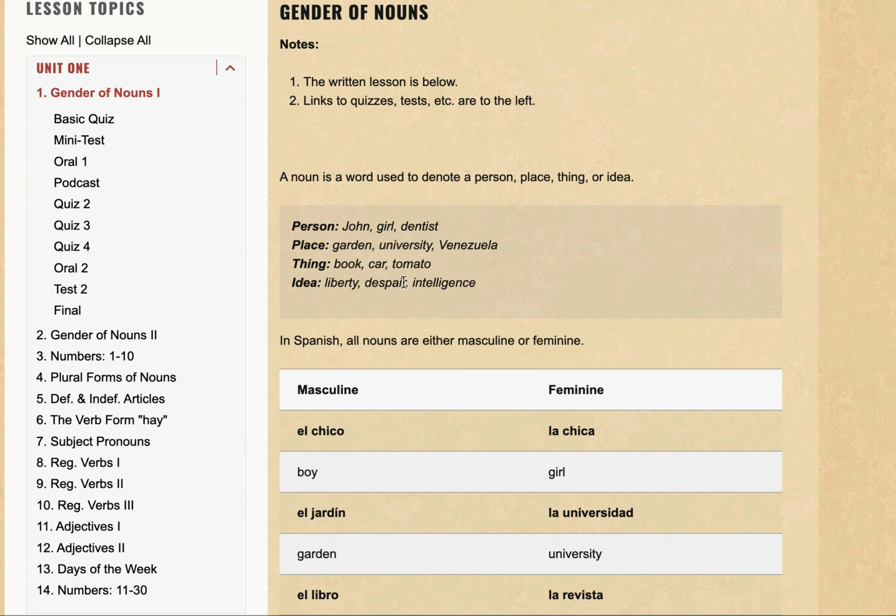So all of them are nouns, and basically it's used to denote a place, a person, a thing, or an idea, right? So you have person, place, thing, idea.